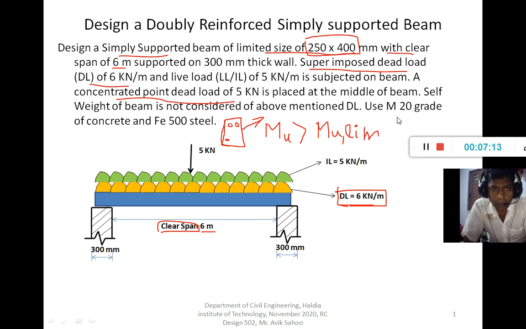And for the grade of steel you may consider Fe 500 or Fe 450. So in this problem M20 concrete and Fe 500 steel are given, and using those you need to design the beam as a doubly reinforced section.